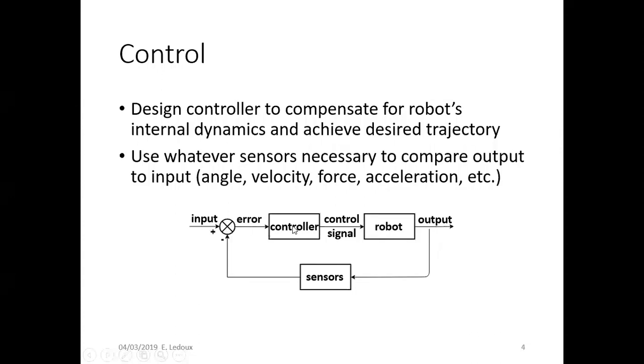So you need to put in the controller. Use whatever sensors are necessary to compare output to input. So if your desired position is in meters, you'd use an odometer. If it is an angle, you'd use an encoder. Just whatever type of sensor you need, that's what you put to close the loop.